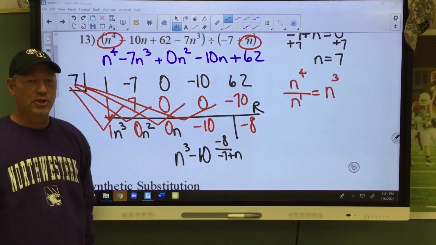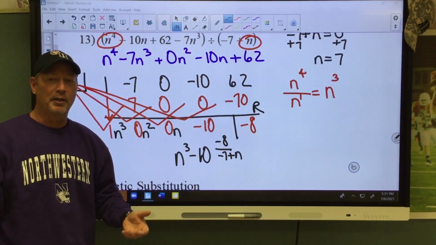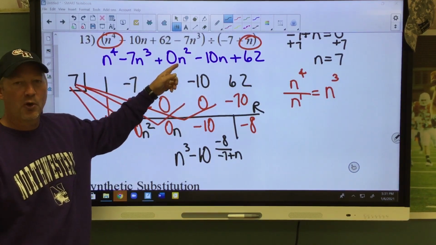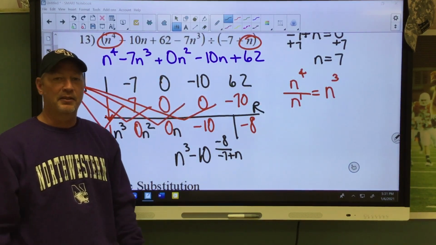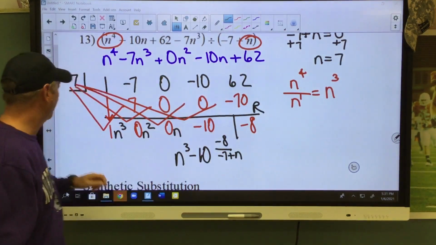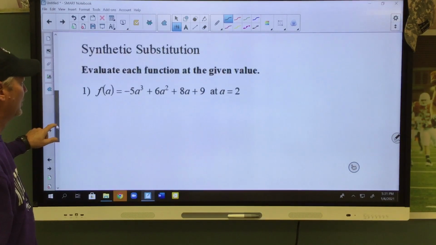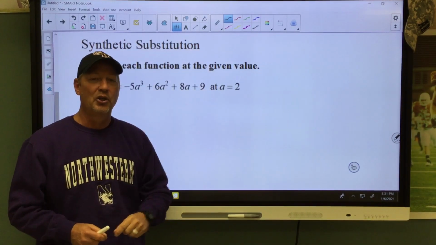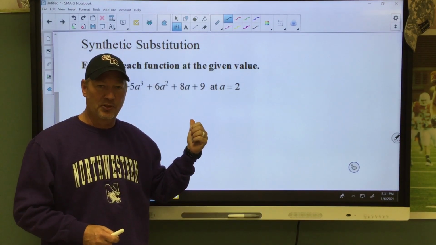That's synthetic division. Kind of quick. Please don't go so fast that you forget to put a 0 to hold the spot if you're missing that exponent. Okay? Synthetic substitution. If you can do synthetic division, you can do synthetic substitution.